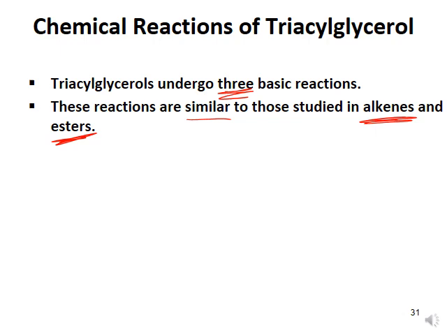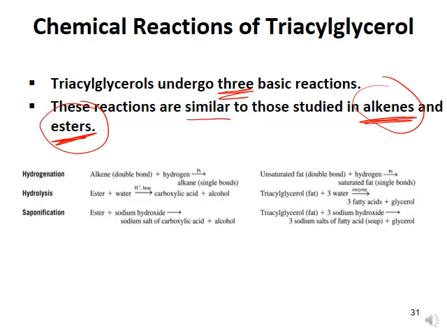Biochemistry is little spots on great big molecules where we find the specific functional groups and do reactions at those individual spots. Okay? So there's hydrogenation, hydrolysis, and saponification. You should know what hydrogenation is. You should know what hydrolysis is. And we'll talk about saponification. I think we talked a little bit about it. You'll see it.